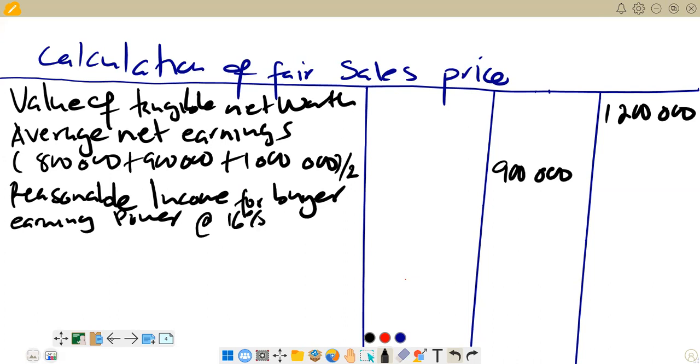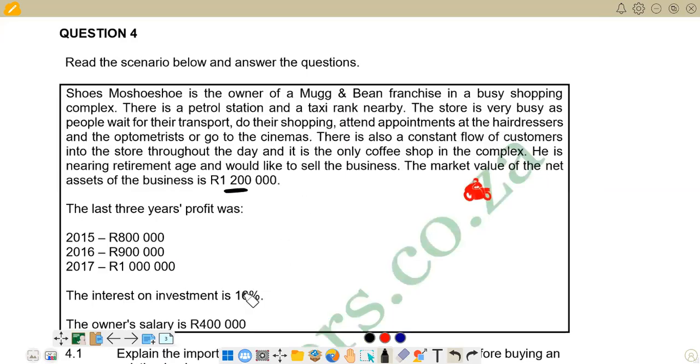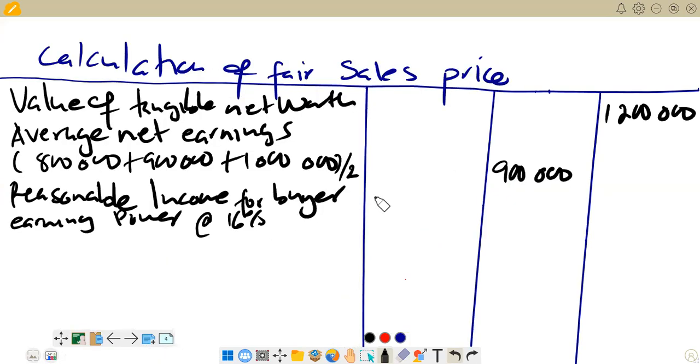This is the information that we are given in the question, that the earning power is 16%. So the reasonable income for the buyer, we are going to find it there.